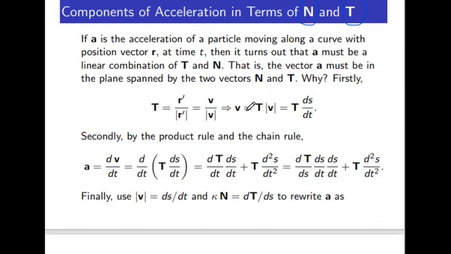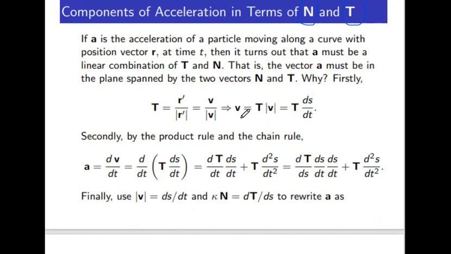We know that v can be expressed in terms of the unit tangent vector. Velocity and unit tangent have the same direction, so you get velocity by multiplying the unit tangent by the magnitude of velocity.